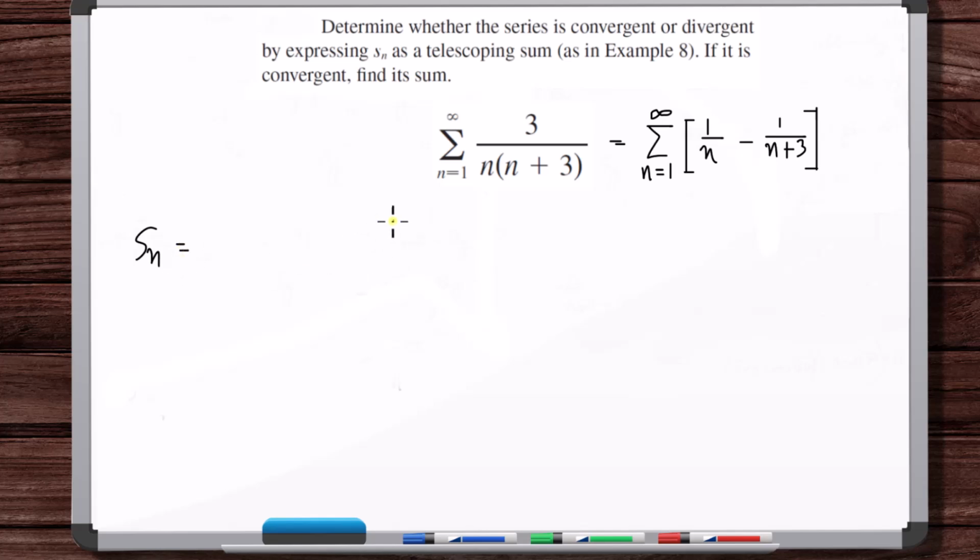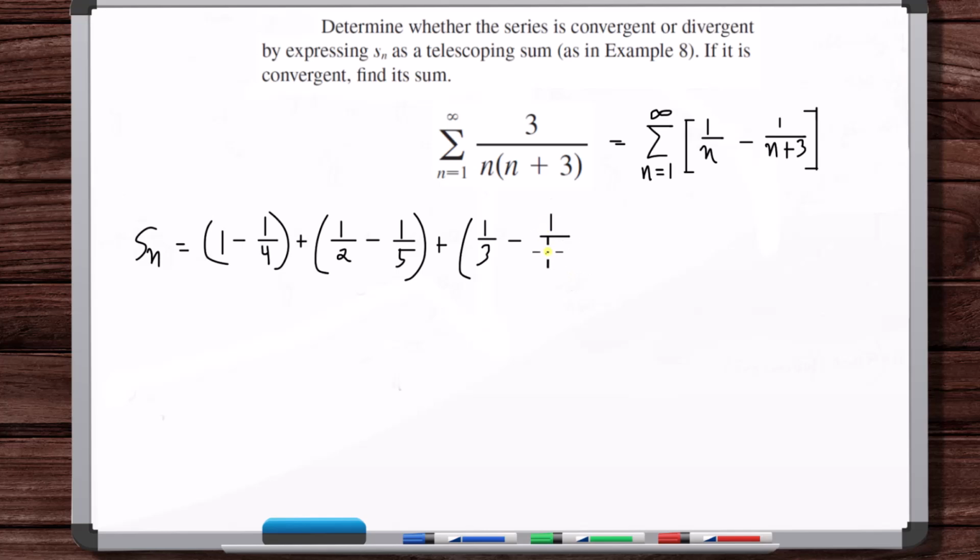So we're starting at n is equal to 1. So we've got 1 minus 1/4 plus, when n is equal to 2, plus, when n is equal to 3. Let me just write out a bunch of terms in case it's kind of complicated. 4, 5, okay.